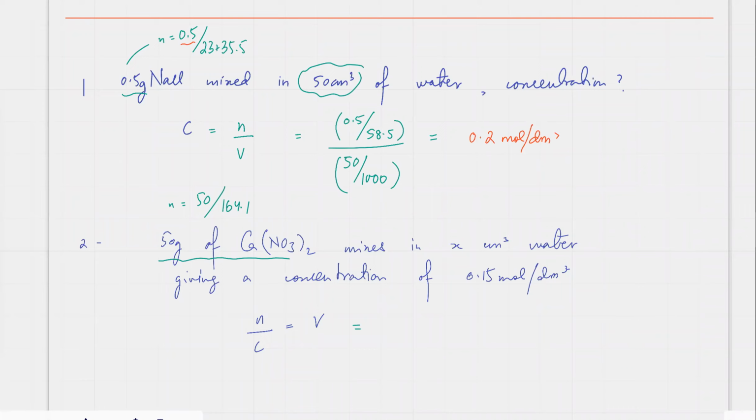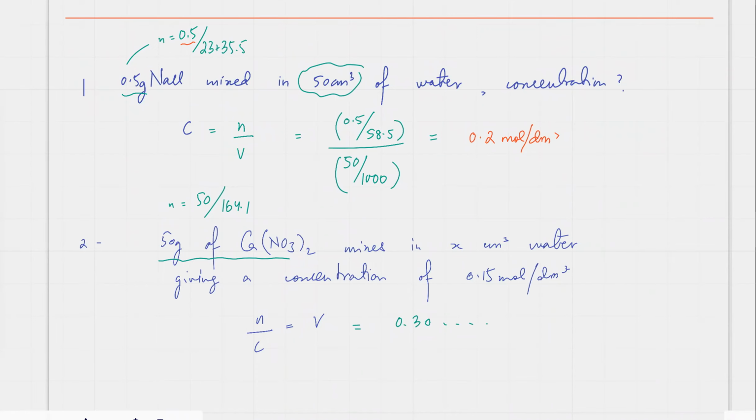0.300469 onwards. So 0.30 you can write. Because the values are accurate up to 2 significant figures, I'm going to write 0.30. But remember, your calculator is giving you a much bigger value. It's got lots of numbers. Don't change that value on your calculator. Keep it as accurate as possible.